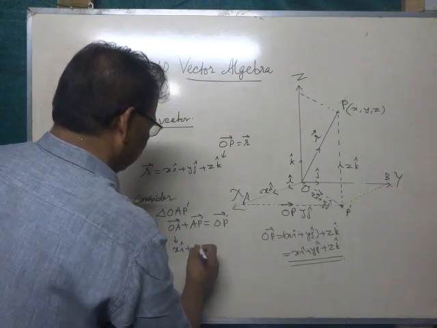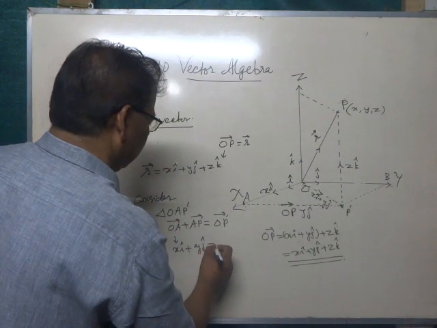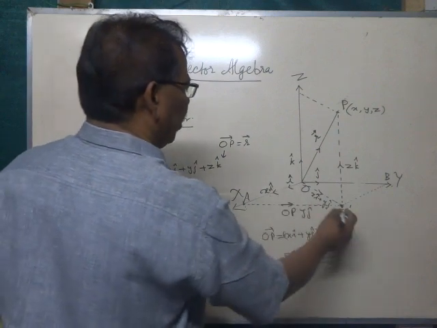Therefore, this y j cap is equal to AP dash.